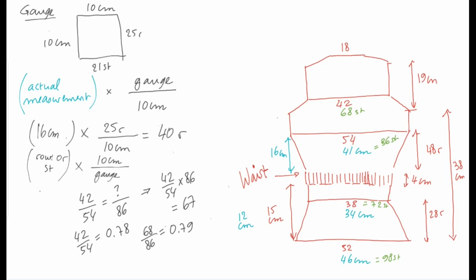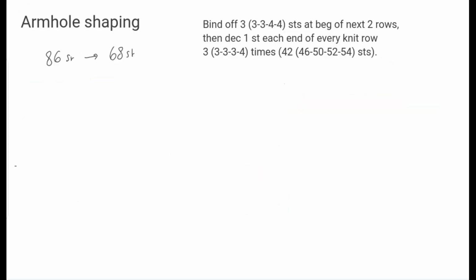Well, I say not too bad, it's the same, 0.8. So this will work. So now I know that when I do my armhole shaping, when I'm rounding, when I'm decreasing those stitches, no matter how I do it, I need to go from 86 down to 68 stitches. So here is what we have for the armholes.